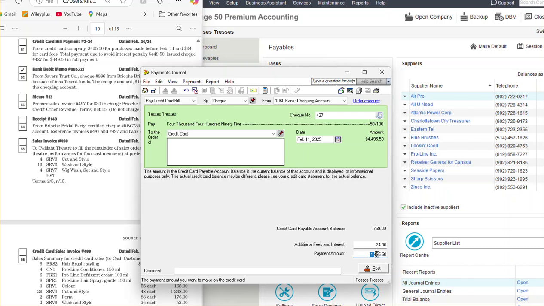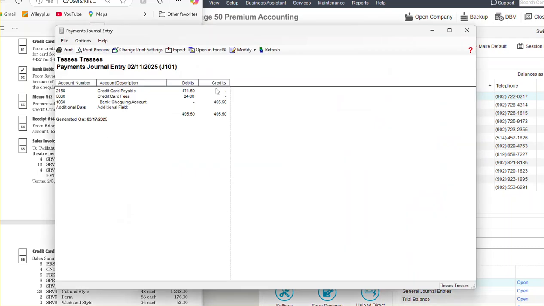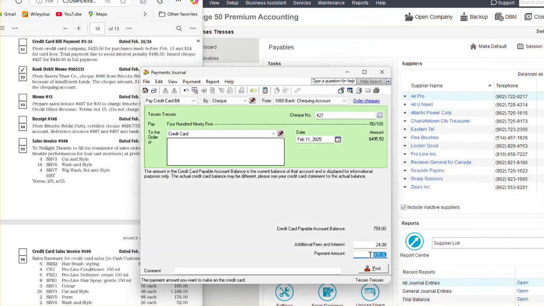So sorry, 4, one extra 4. So let's see if I could see the journal entry. So that's incorrect. 449 is a full payment. No, 449, sorry. So 449.50.